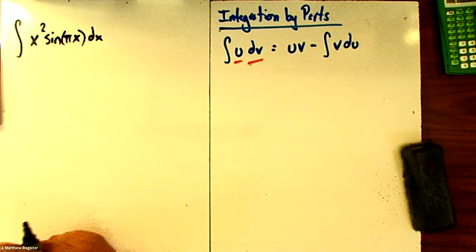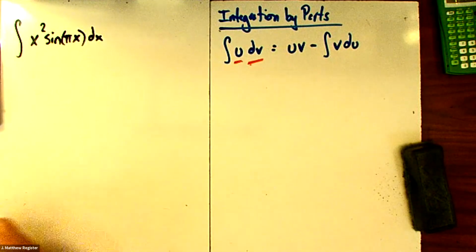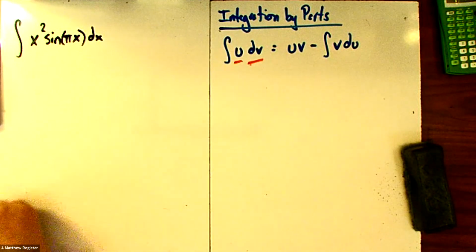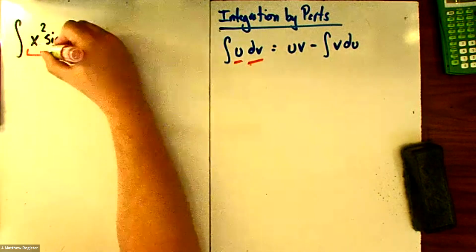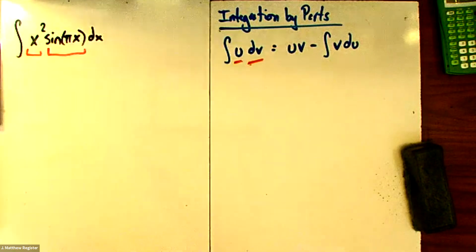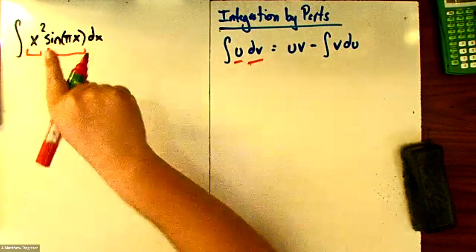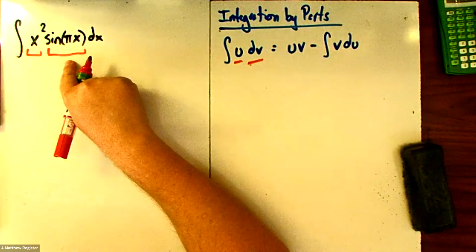With this one, we can do the same process. We have 2 functions. One of them we're going to be taking the derivative of. The other one we're going to be taking the integral of. Whether we're taking the derivative or the integral of the sine function does not matter, because it goes back and forth between sine and cosine.